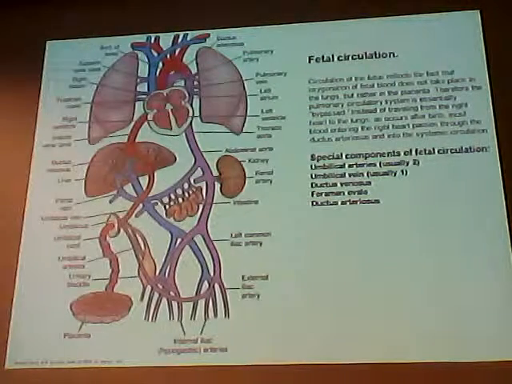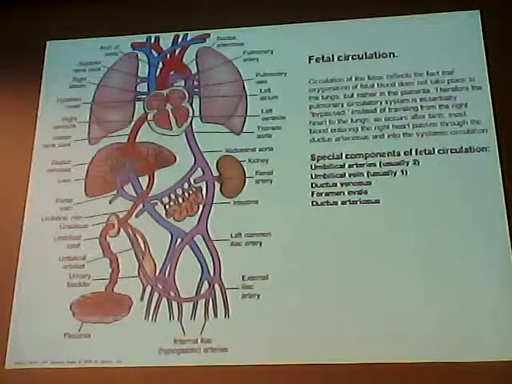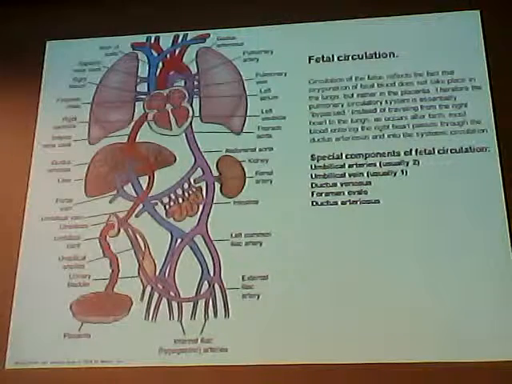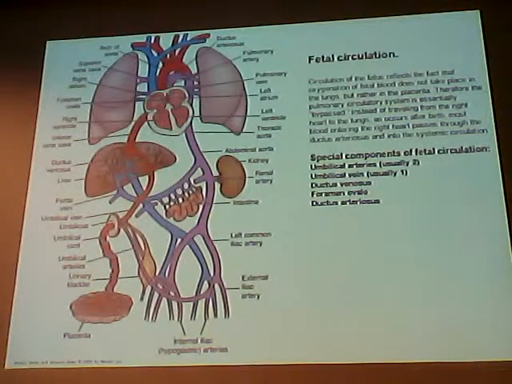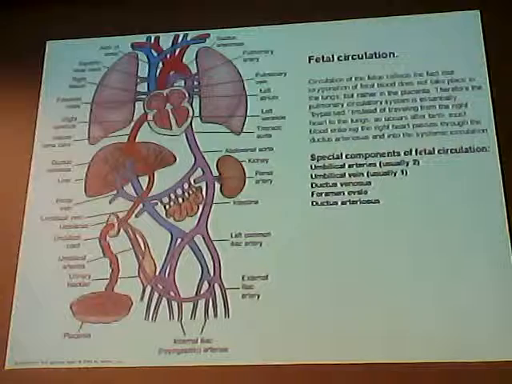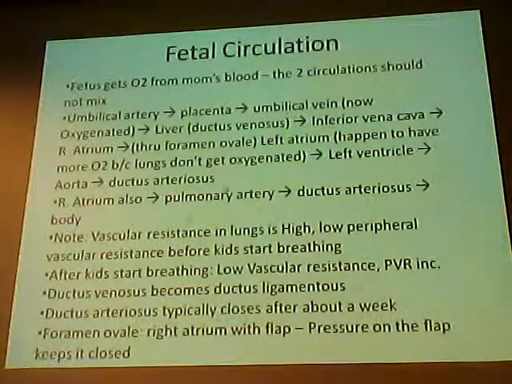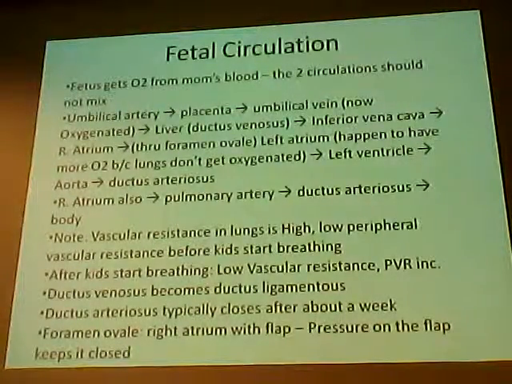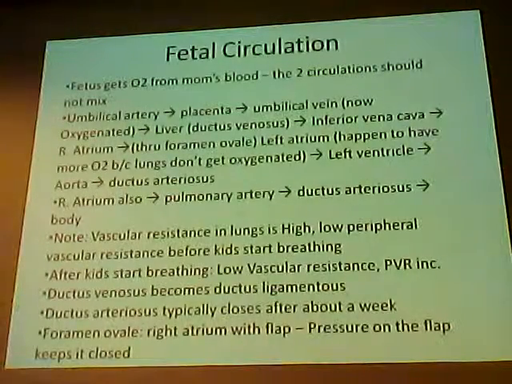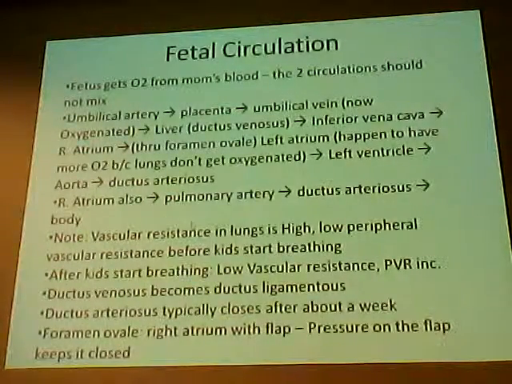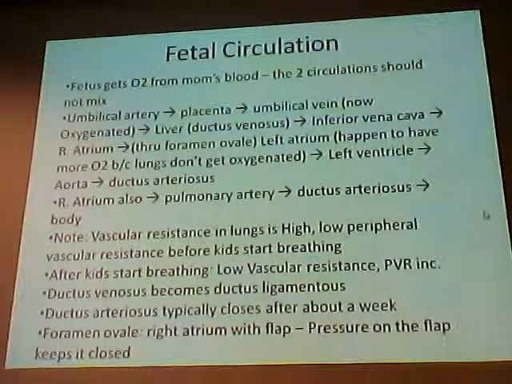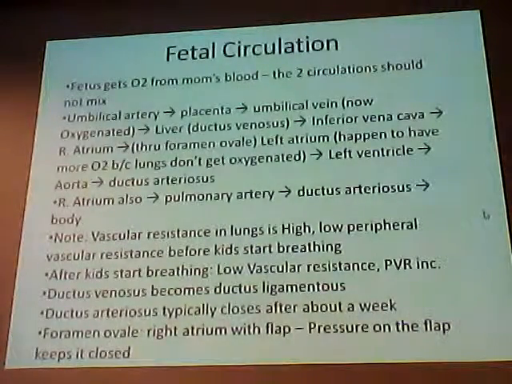It's supposed to close up, separating the lungs from the systemic circulation, but you'll see later in these problems that it could be a problem. This just outlines what all of that is in more formal detail. I'm not going to read through it, but you guys can.